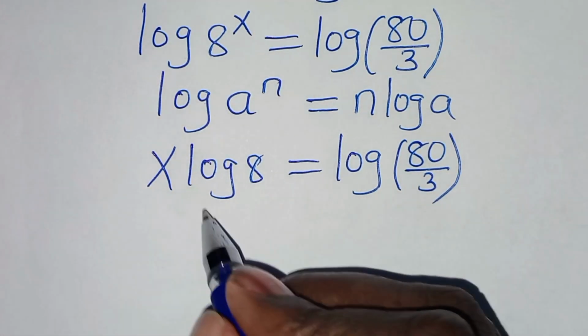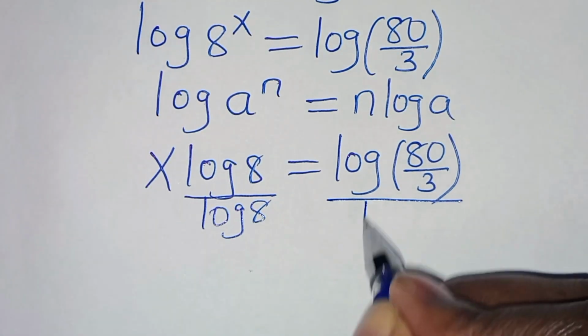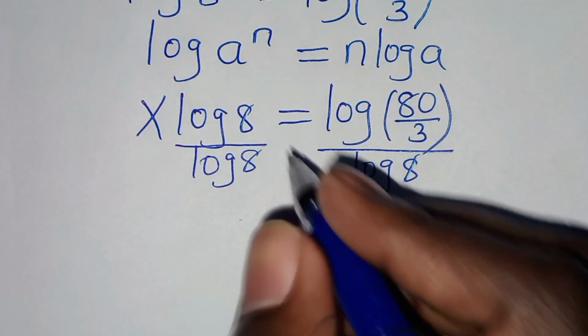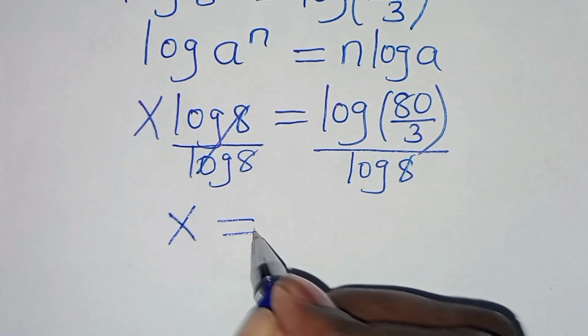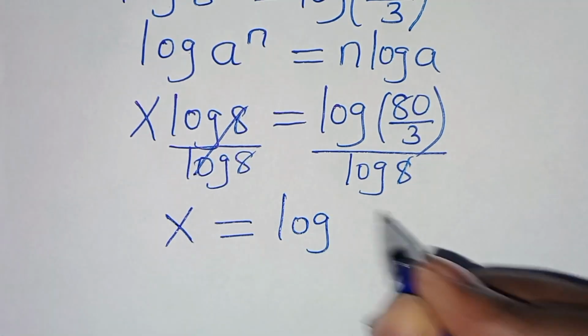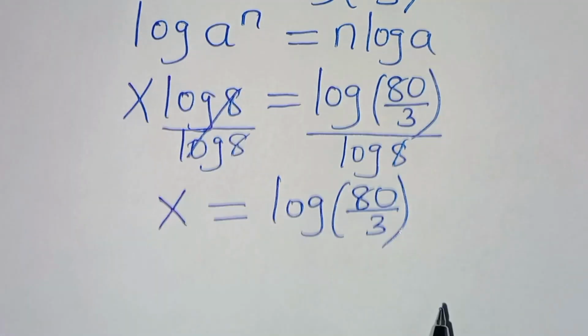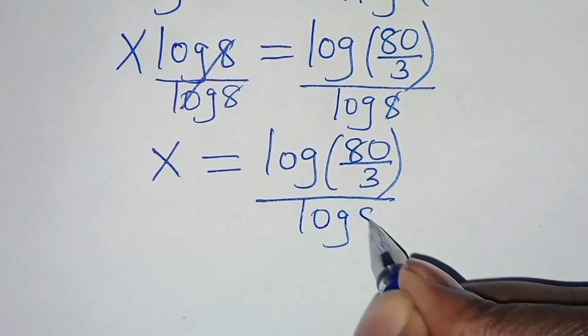So this implies that here we divide by log 8 and also here by log 8. So let's simplify here. Log 8 and log 8 simplifies, so that x is equal to log 80 over 3 divided by log 8.